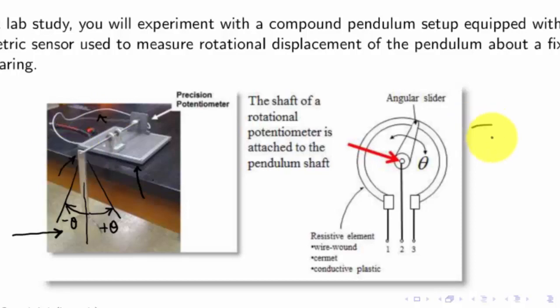Here you'll see a simple schematic for what a rotational potentiometer looks like. It's got three terminals. The shaft of your potentiometer rides on a slider here, and so you're basically forming a resistor between each of these terminals.